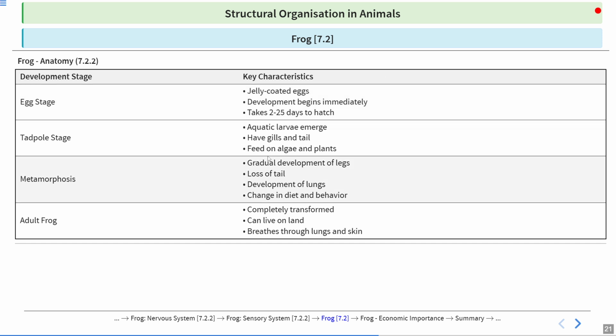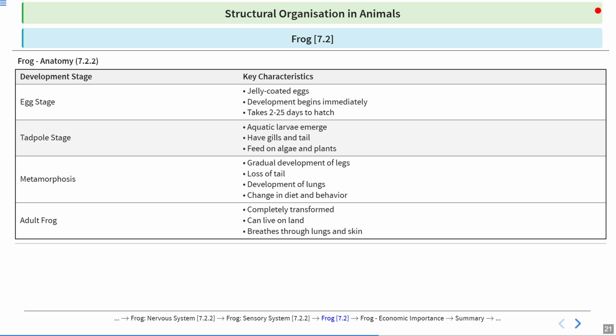Tadpole stage. Aquatic larvae emerge from the egg and have gills and a tail. They feed on algae and plants, so they are herbivorous. Now, metamorphosis, the gradual development of legs. This is the new thing emerging from the tadpole, the hind legs, and loss of the tail, so there is a slow disappearance of the tail.